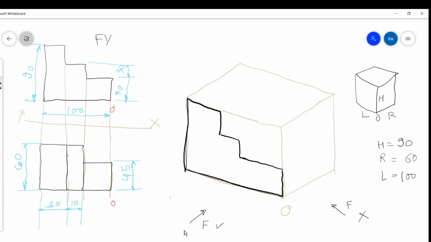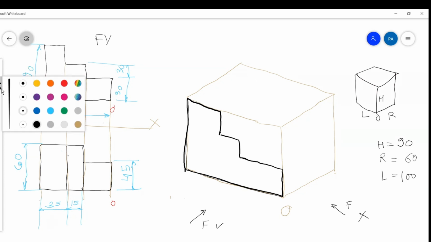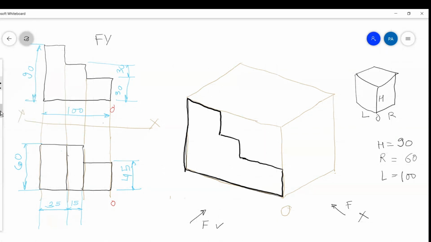Now check whether this is the front view and this is the front view here. Okay, it is correct. I will make a small change in this, because that may not be seen. This slight change.